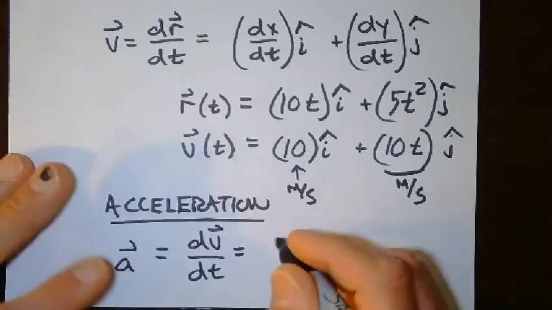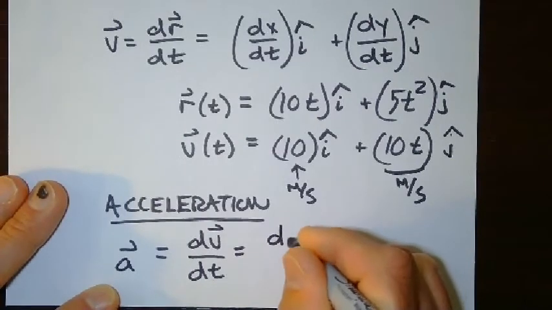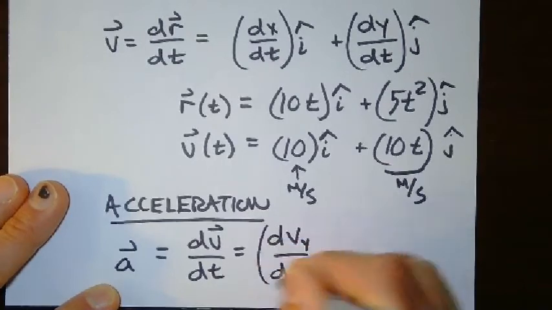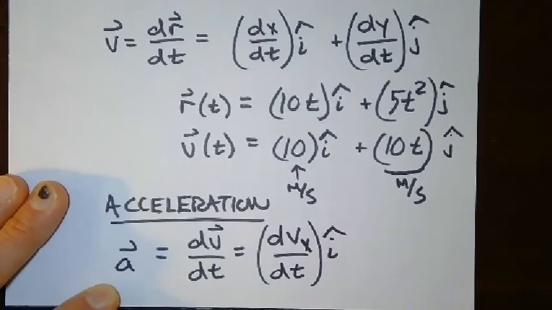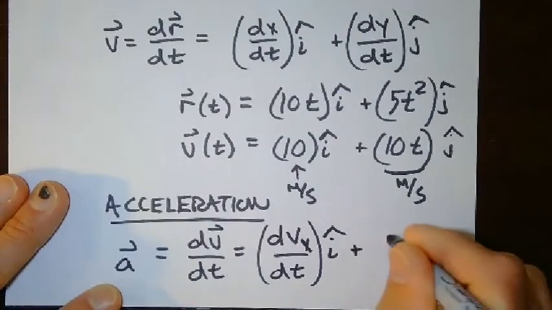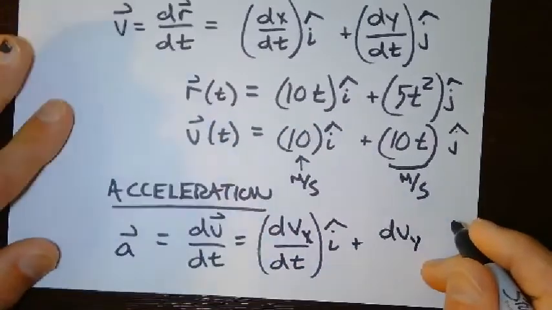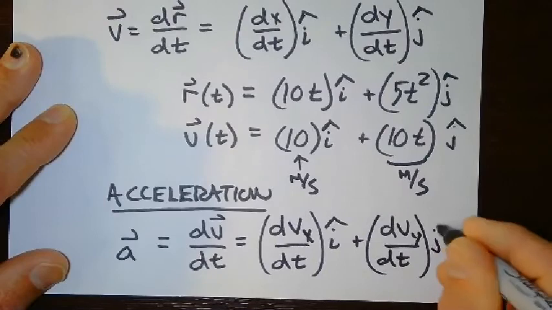And so you can say something like this is going to be dvx dt in the i hat direction, plus dvy dt in the j hat direction.